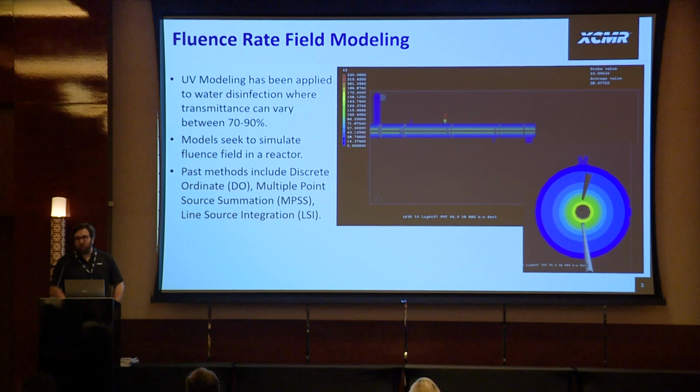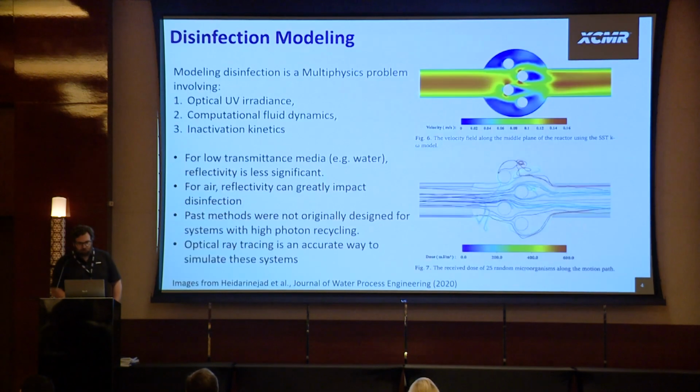A lot of past models include discrete ordinate models, multi-point source summation, and there's several others. They all have different uses where they're more or less accurate, but a lot of them have been developed specifically with water treatment in mind as opposed to air treatment, which is what we're looking at here.